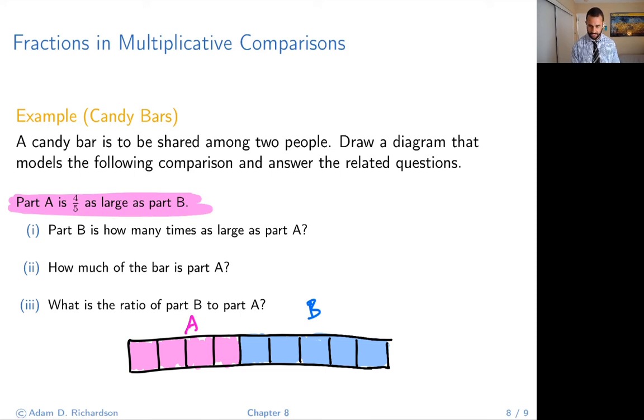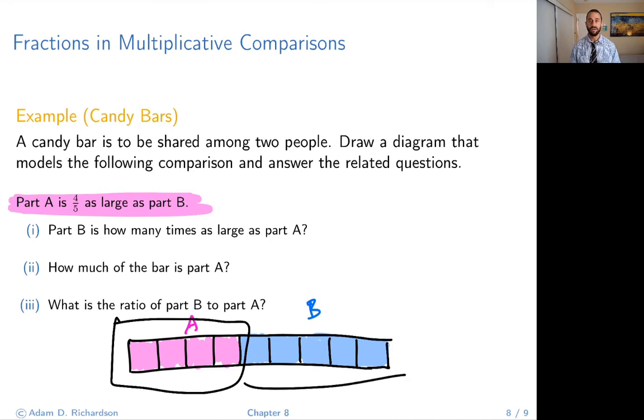So the first question says, part B is how many times as large as part A? Okay, let's think about this. In other words, if you took part A, let me circle it here, and had to multiply it by something so that you got B, what would you have to multiply it by?